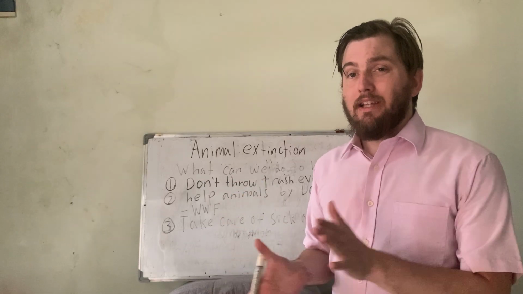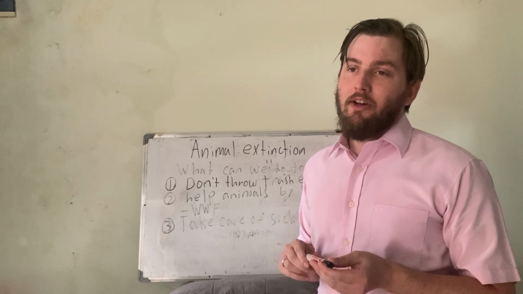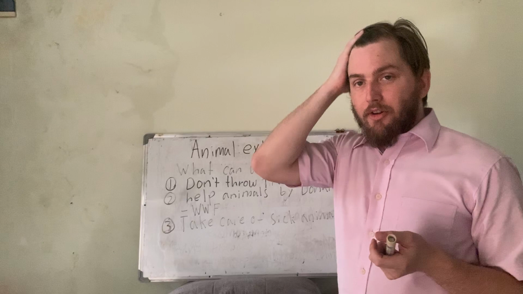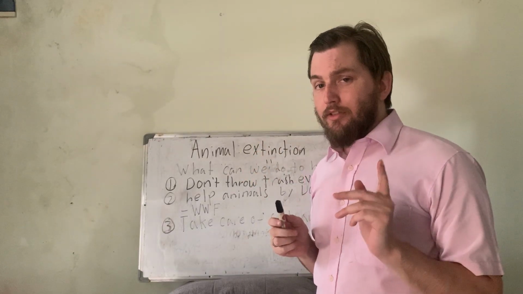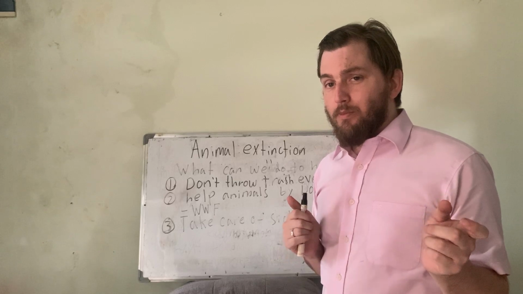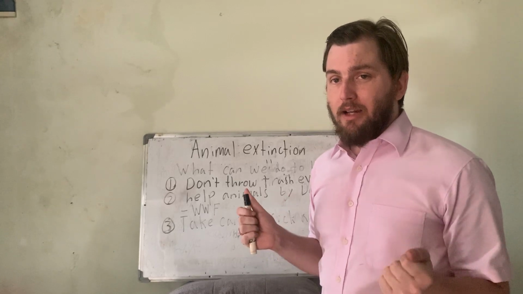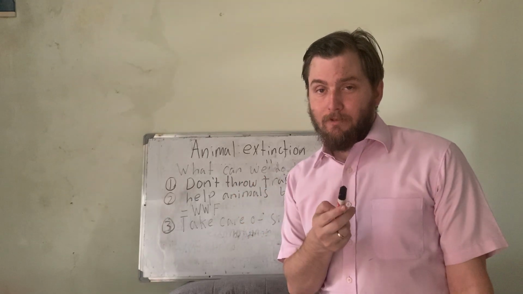So let's make it possible for them to live on Earth. And tell your parents, I want you to talk with your parents. There are other things that you can do, and you can ask them. I want you guys to be at home, ask your mom and dad about extinct animals and what other extinct animals you can find.